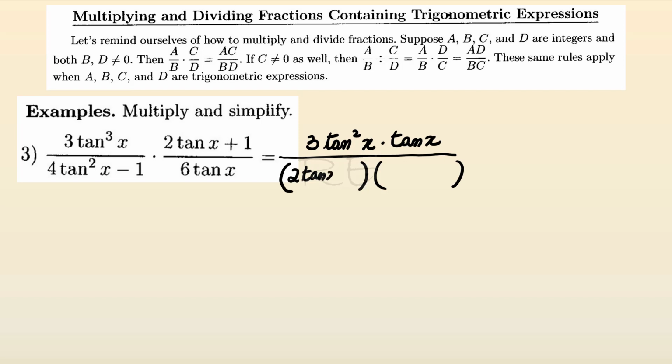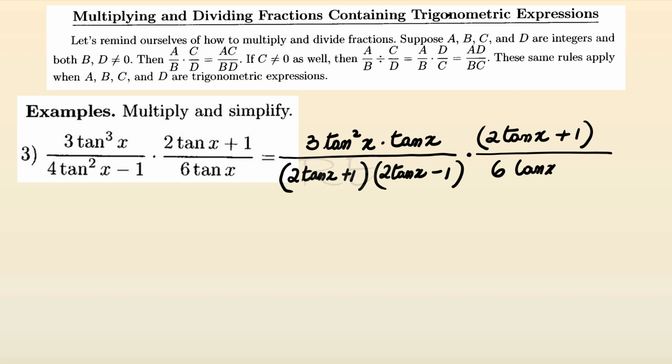It's 2 tan x plus 1 times 2 tan x minus 1. We'll use parentheses. Parentheses will help us cross cancel, and 6 tan x. Now we're going to cross cancel.